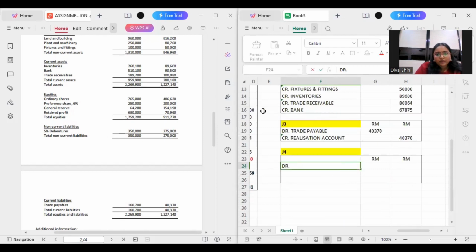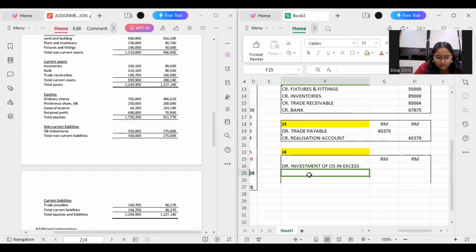So the first one will be investment of ordinary share in excess. And the second one is investment in 6.5% preference shares.